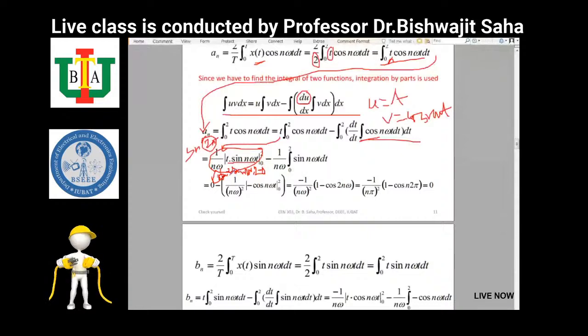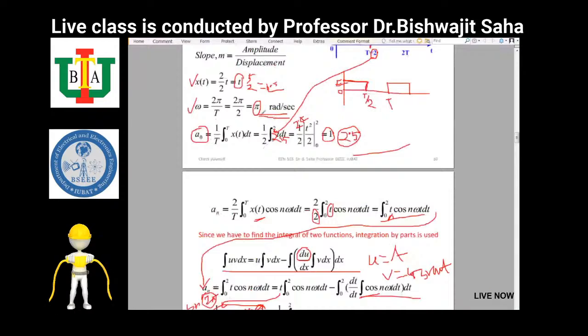Okay, I'm repeating that: 1 over n omega, 2 pi, dot sine n omega 2 pi, right? That means 2 pi omega. Can we write n 2 pi omega? So omega equals, we have found earlier in the last slide, equals pi.